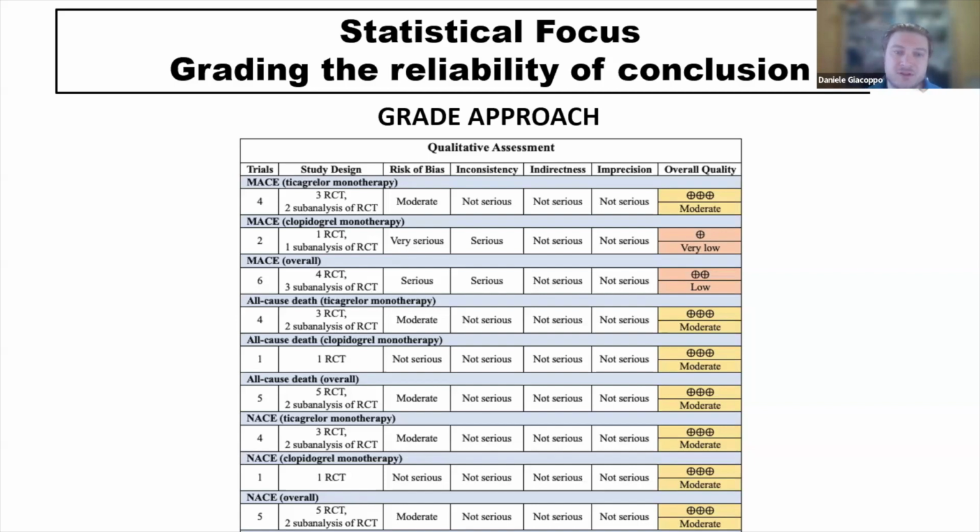In this case, you have like a questionnaire with a grading of the probability to have a reliable or not conclusion of your evidence according to the overall quality. So in this table, you have only the final output of the review process of the GRADE approach. You are going to question the validity of your conclusion in terms of risk of bias, inconsistency, indirectness, and imprecision.